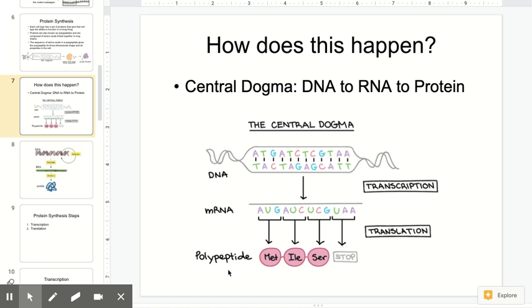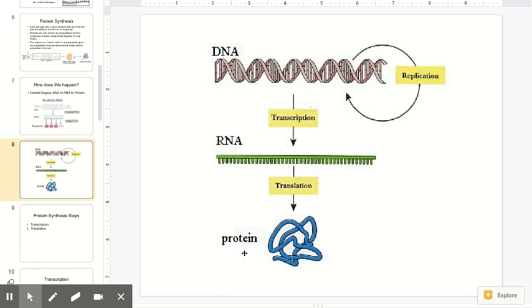And there are two specific processes that allow this to happen. So again, here's our DNA. DNA goes through a process of transcription, and it is transcribed, like written down, in RNA, messenger RNA specifically.